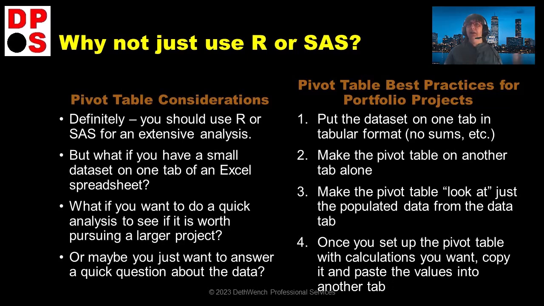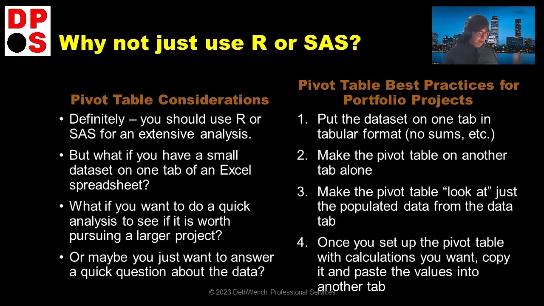But basically, when you lay down a pivot table, you tell it what data to look at. And so we'll do that together. And then once you set it up, the pivot table dashboard is available to you. Then I'll show you how to use that dashboard. And once you get the calculations in that dashboard you want, you copy and paste them out of the pivot table. So the pivot table needs to be disposable.